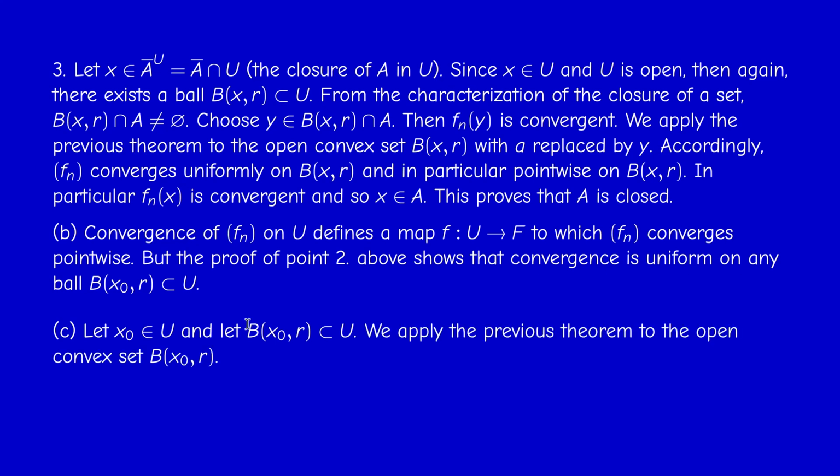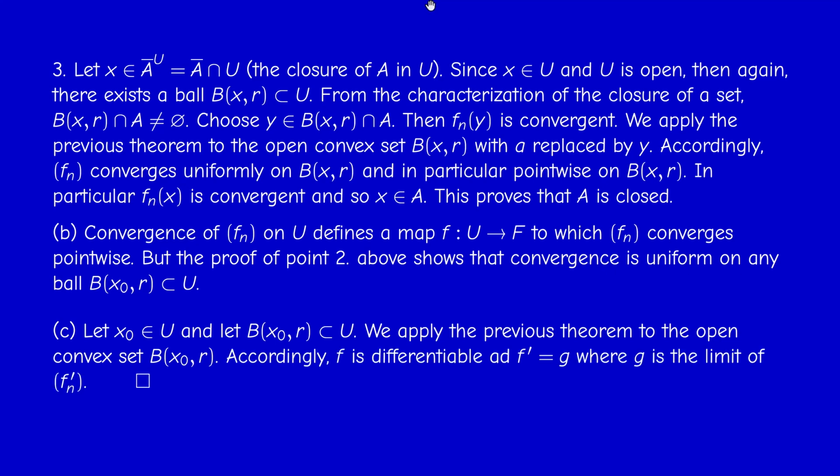Now the last point: why is f differentiable? We have to prove that f is differentiable at every point x0 in U. So we pick a point x0 in U and a ball of center x0 contained in U, and we apply the previous theorem to the open convex set, this ball actually.